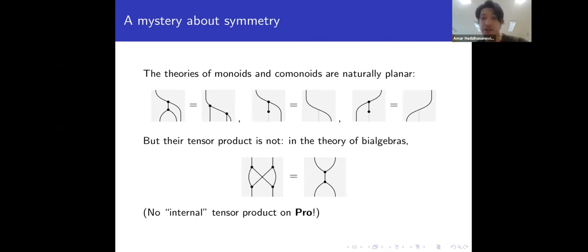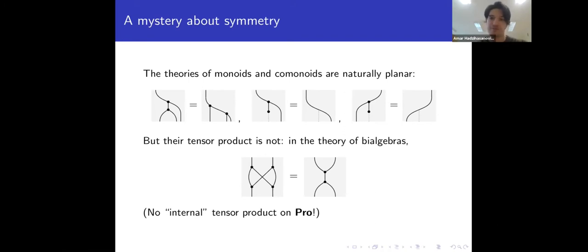In particular, the theory of bialgebras contains this equation, which contains in the middle this symmetric braiding, and there is no way to give an equational theory of bialgebras that doesn't use the symmetric structure. So in particular, there is no internal tensor product of probes.